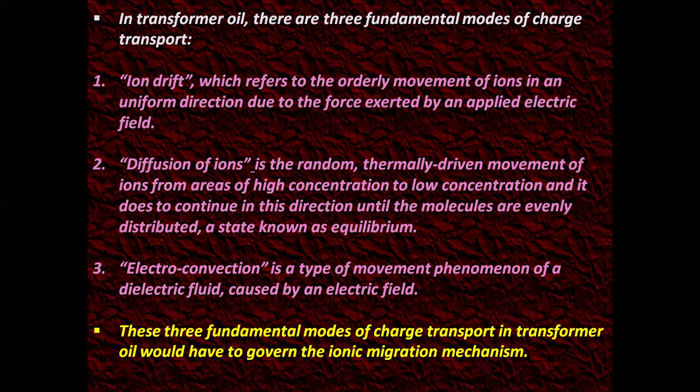Number two, diffusion of ions, is the random thermally driven movement of ions from areas of high concentration to low concentration, and it continues in this direction until the molecules are evenly distributed, a state known as equilibrium.